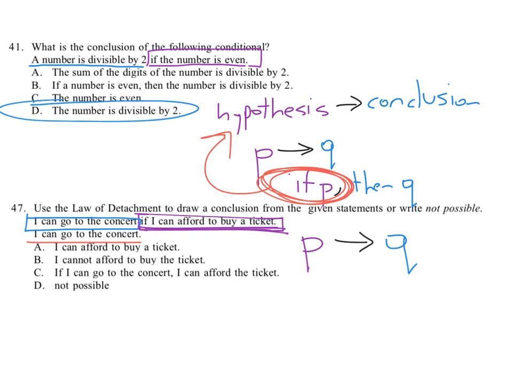They never told us that you can afford to buy the ticket. So if you end up at the concert, it wasn't necessarily because you could afford it. You can't get led backwards, and this does not allow us to use the law of detachment. Not possible to draw a conclusion.